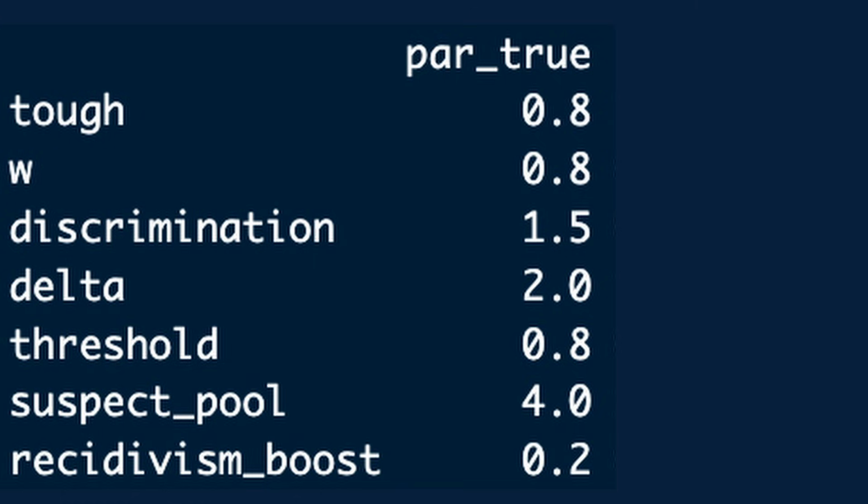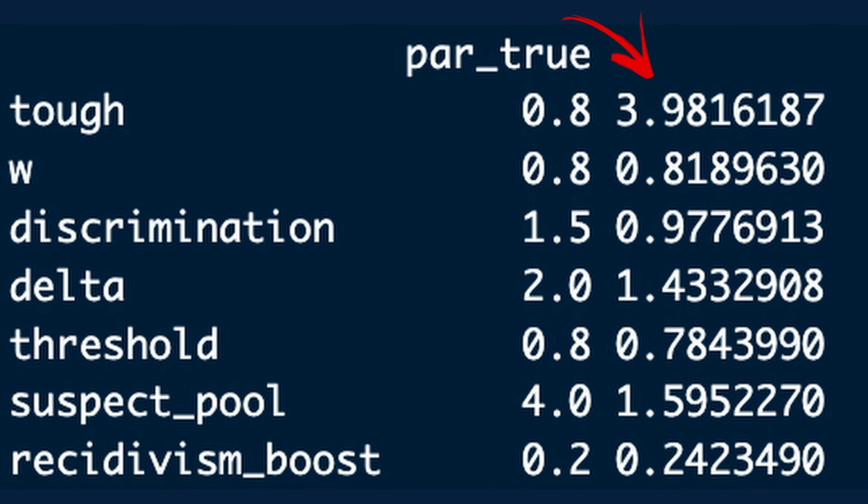I generated data assuming that the average prison duration was 80% of what it currently is, but the model estimated that it was actually 4. I think the average ended up being like 3 years or something. So a 4 is saying instead of the average being 3 years, it's going to be 12 years. Those are very different parameters, and yet they have essentially the same fit.